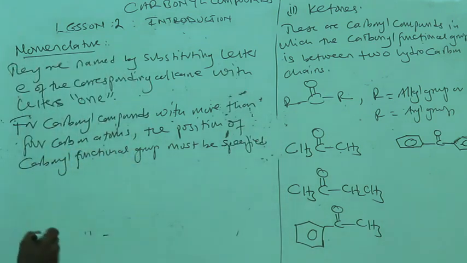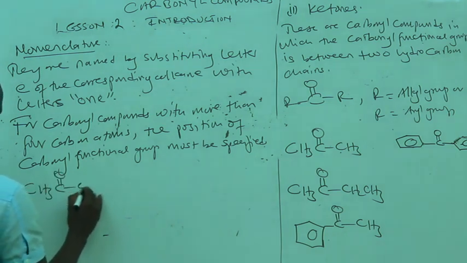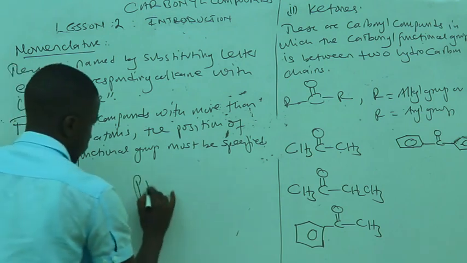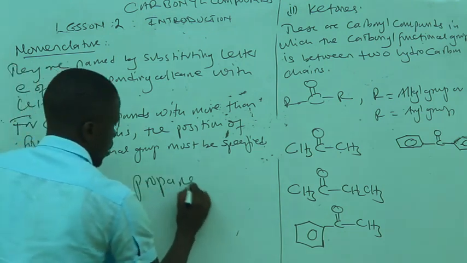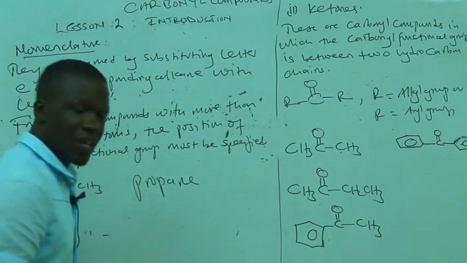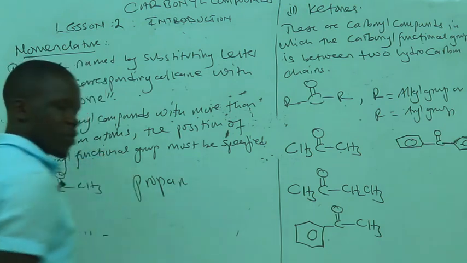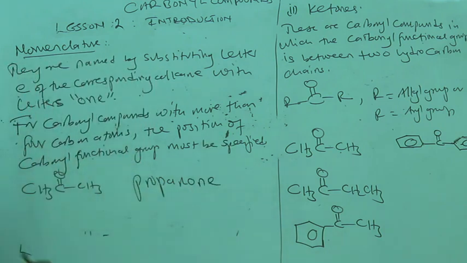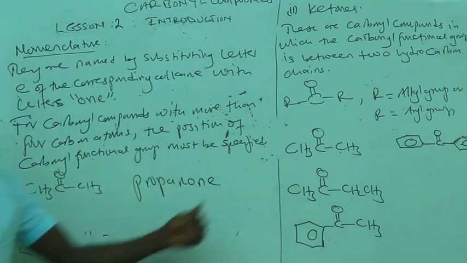Let's look at some examples. The first one, this compound. This compound having 3 carbon atoms means it comes from an alkane called propane. But we are saying we are going to substitute letter E of the corresponding alkane with letters ONE, and the compound would be called propanone.